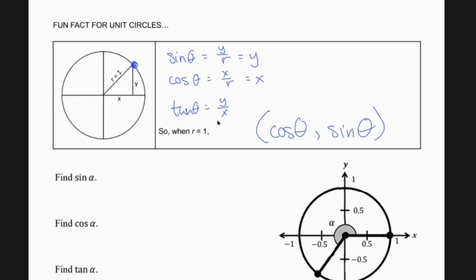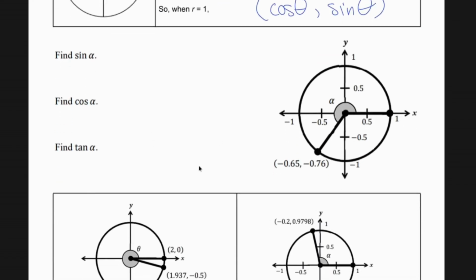So when I see this problem right here, it gives me a radius of 1. So you are cos theta and you are sine theta. That point right there. So what's sine theta? Well, we're using alpha. So what's sine alpha? Well, just negative 0.76. What's cos alpha? Well, just negative 0.65.